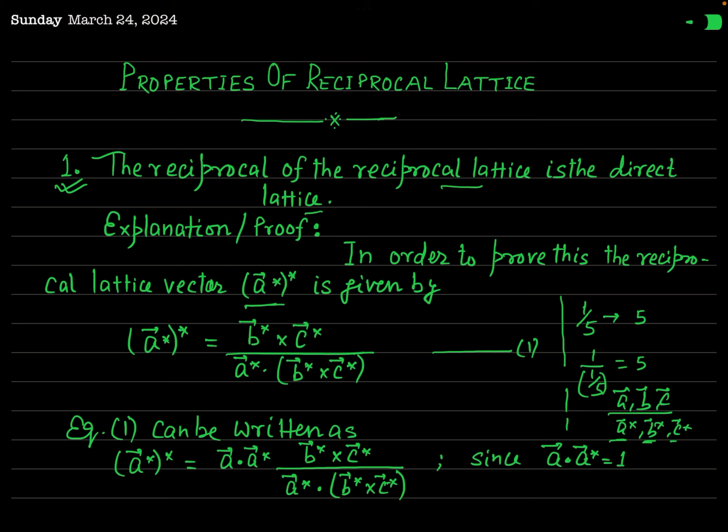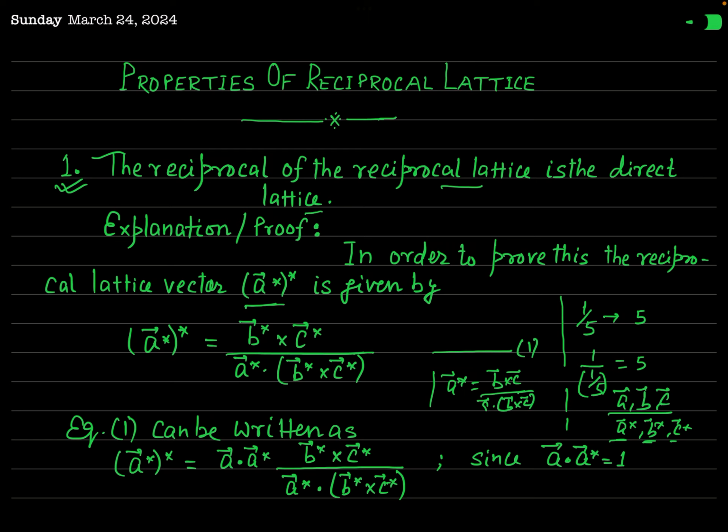As we have seen, when we find the primitive translation vector of the reciprocal lattice of a direct lattice, A star is defined as B cross C over A dot B cross C. You have seen this in the first lecture. The scalar in the denominator, A dot B cross C, represents the volume of the direct lattice unit cell, and A, B, C are the primitive translation vectors of the direct lattice.